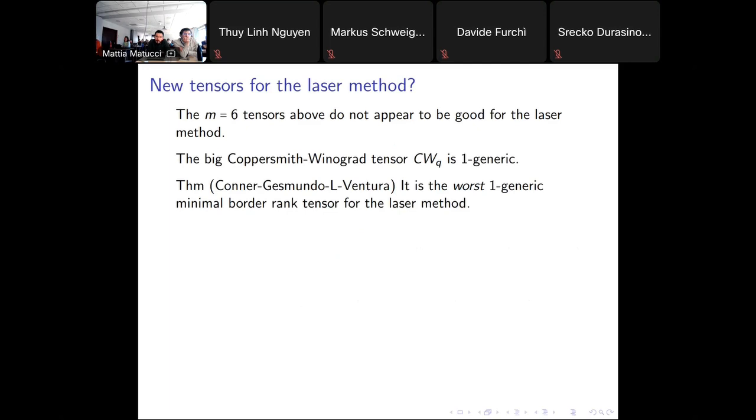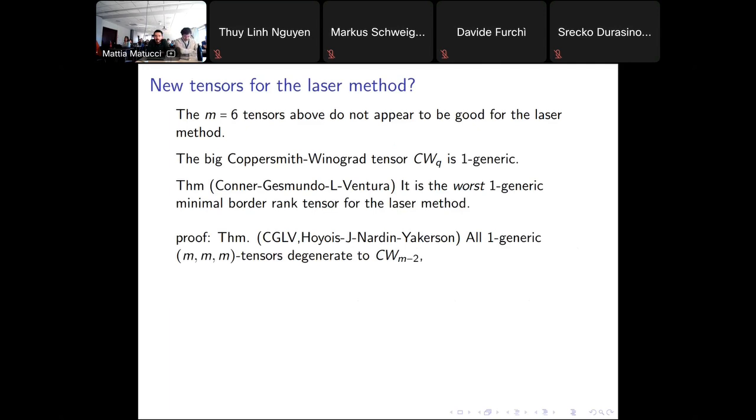Now, we have this strange theorem we proved a few years ago that it's the worst 1-generic minimal border rank tensor for the laser method, in the following sense: all 1-generic tensors degenerate to Coppersmith-Winograd. So in particular, all 1-generic minimal border rank tensors degenerate to Coppersmith-Winograd.